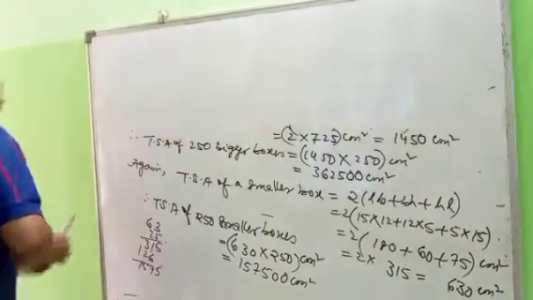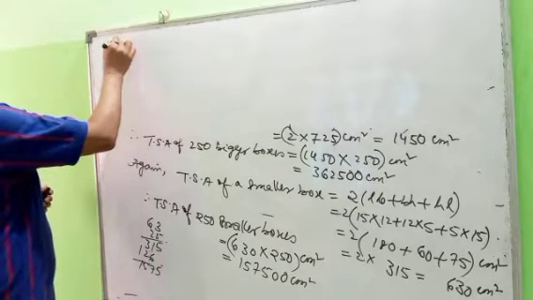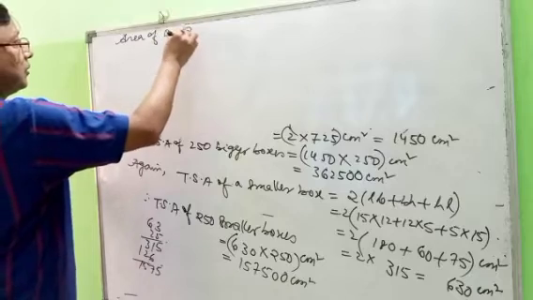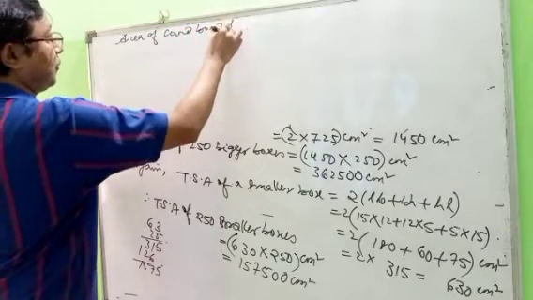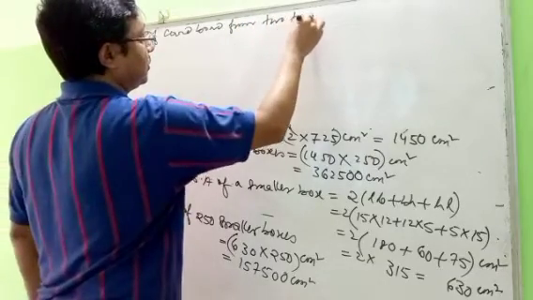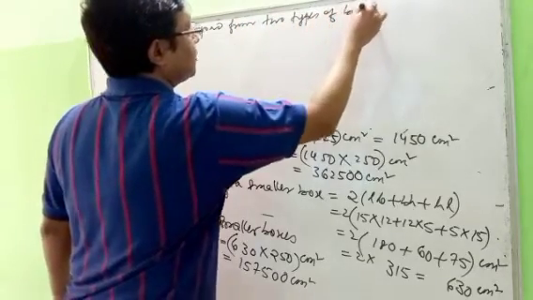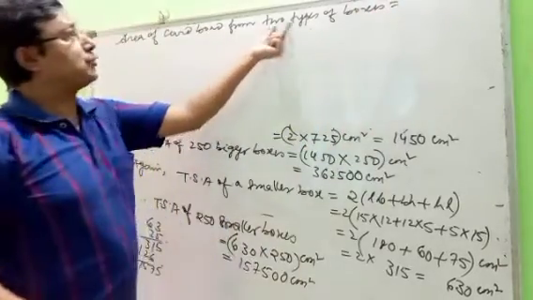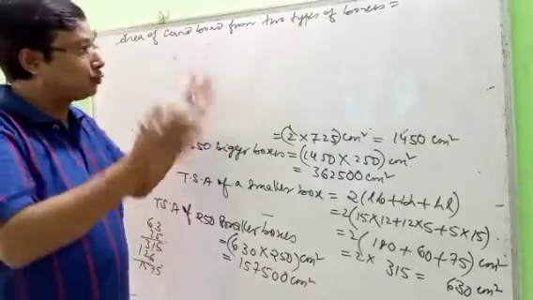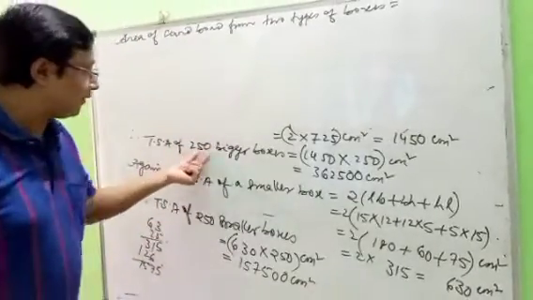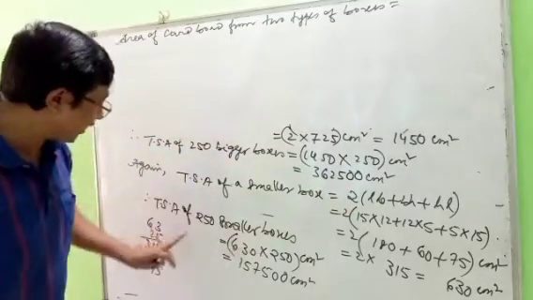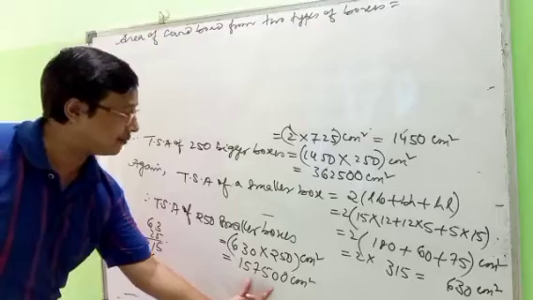So the area of cardboard from two types of boxes, one is the bigger one, other is the smaller one. From 250 bigger boxes, the area of cardboard is this much, and from 250 smaller boxes, the area of cardboard is this.